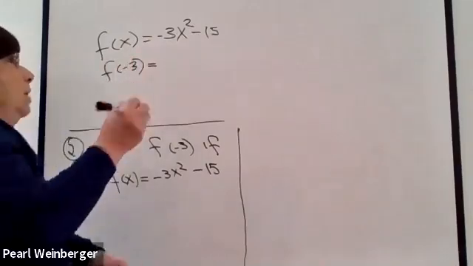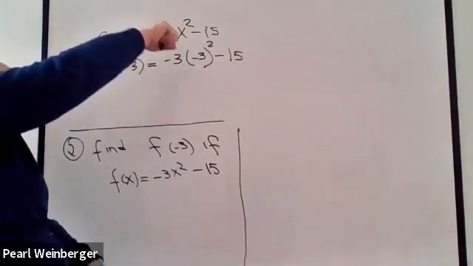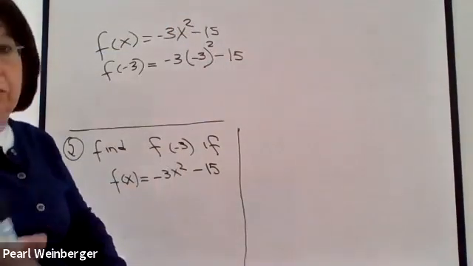That's the -3, right? Right, that is a -3. Where should I put the -3? It's gonna be -3 parentheses -3 to the second power minus 15. Correct. F of -3 means just go to the x and replace it with -3.